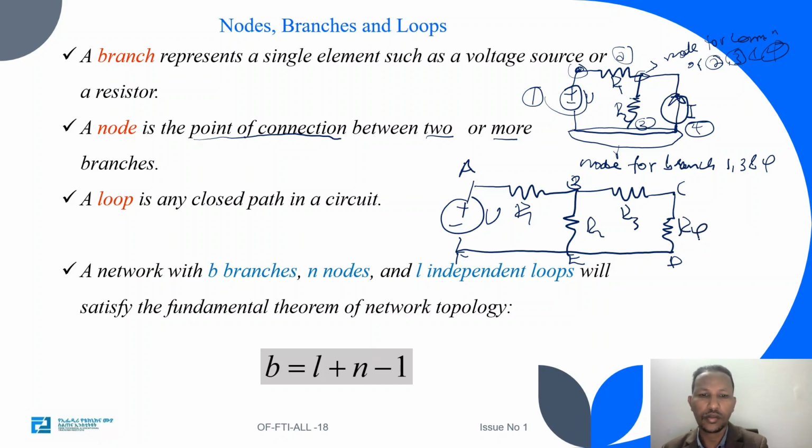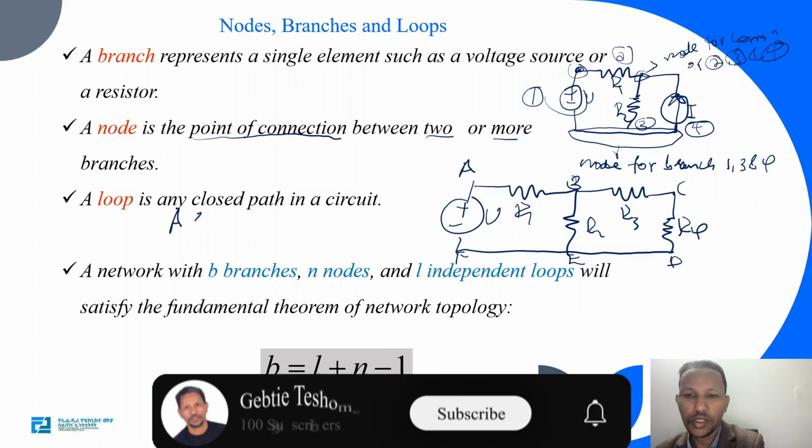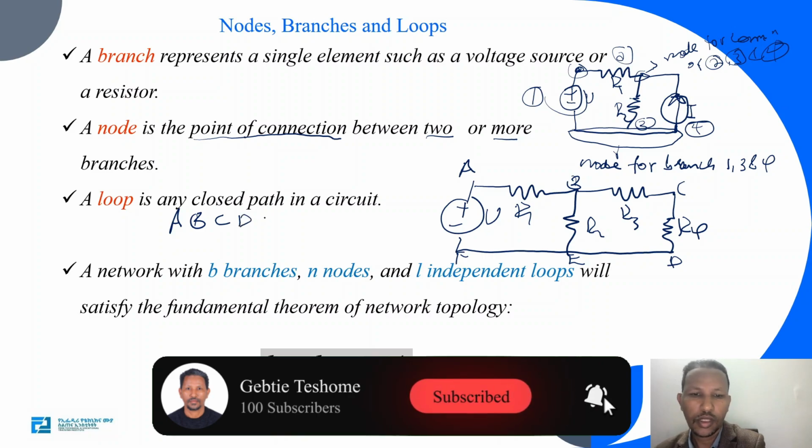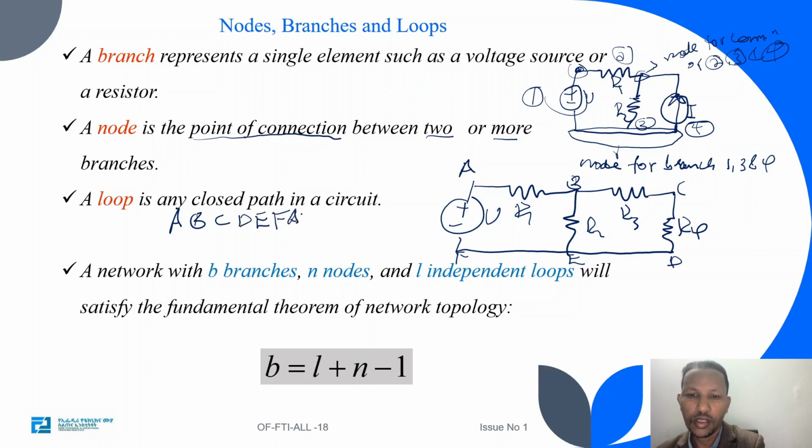For this circuit, A, B, C, D, E, F, A is one loop.